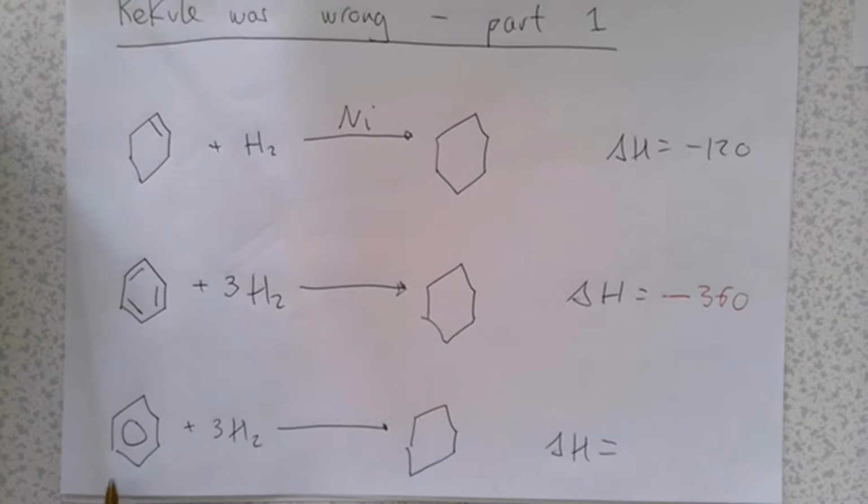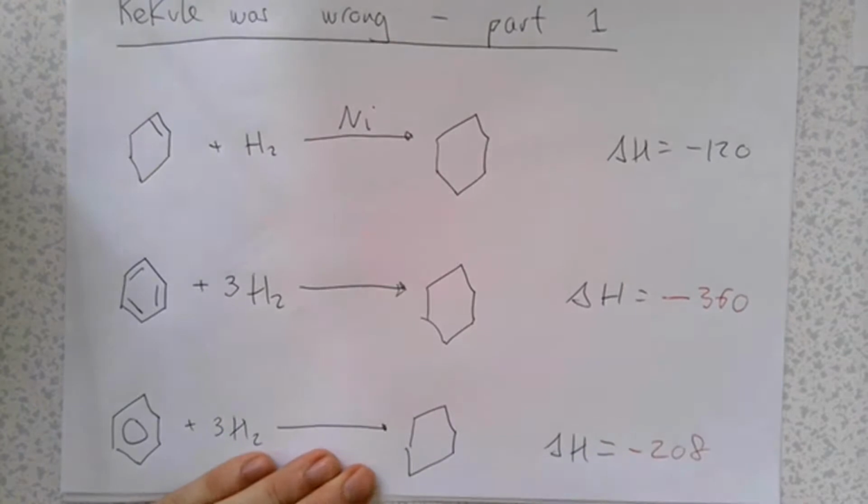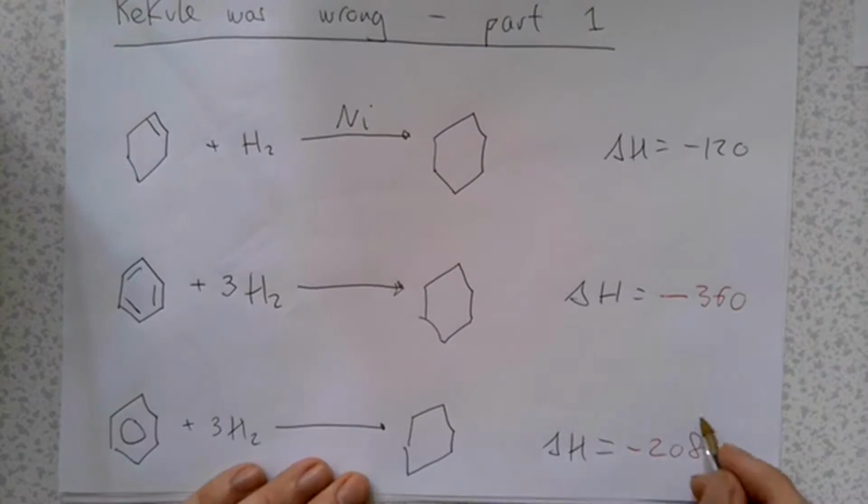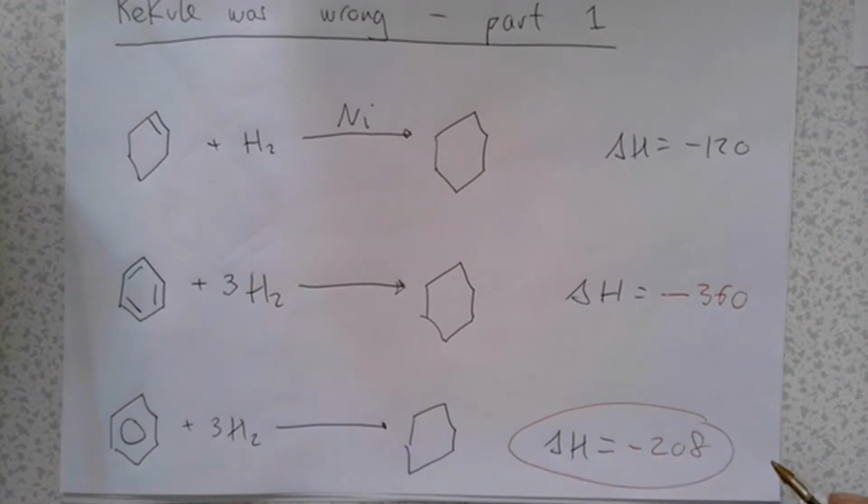However, when we did the experiments with actual benzene, it turned out the number was minus 208. Now, you don't need to memorize any of these exact numbers. All you need to remember is the actual enthalpy of hydrogenation was less negative than what Kekule predicted.